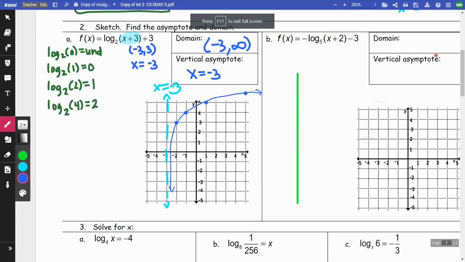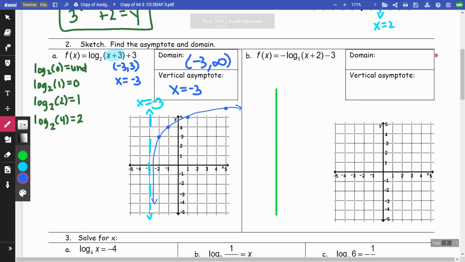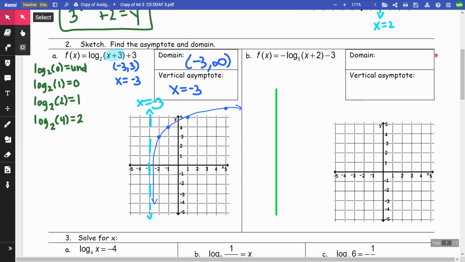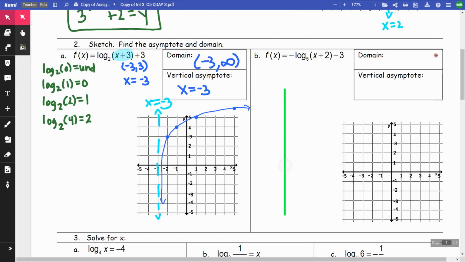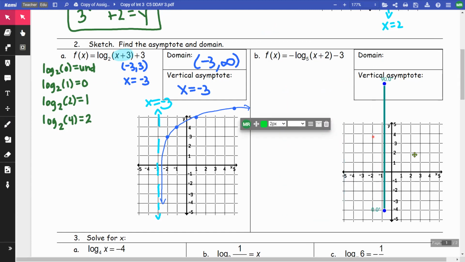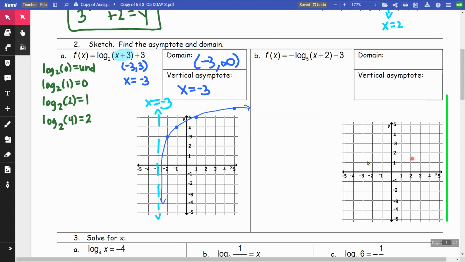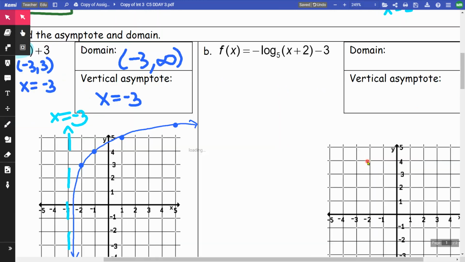So on letter B, we have another logarithm. Okay, this one's a negative. And all that means is after you do your log, you're just going to multiply what you would normally get by a negative. That's it. So let me just move this out. I have that here for domain. Okay, so this is base 5.